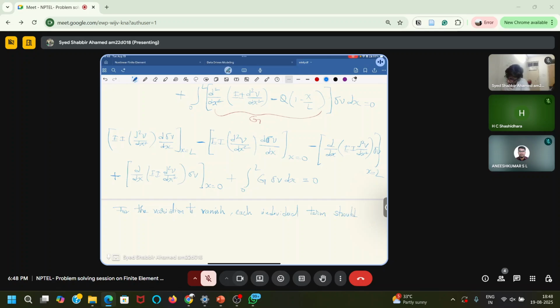It is not a fixed value. Hence, the governing equation and boundary conditions can be obtained after doing that.